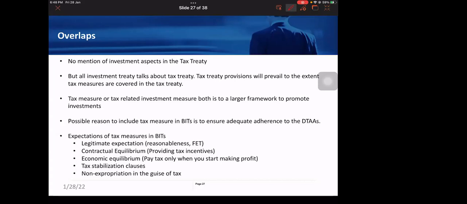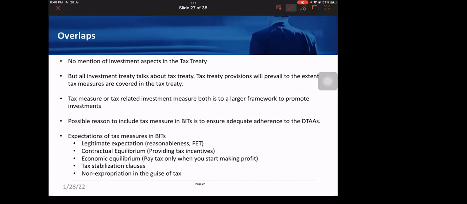Now, one of the reasons why people include tax in investment is they believe by including tax measures in bilateral investment agreements, their tax treaties will be adequately followed. If that tax treaty is not followed, they always know they have a backdoor entry through the investment treaty mechanism, which is what Vodafone, at least in India's case, used.